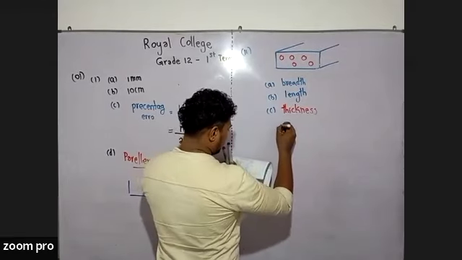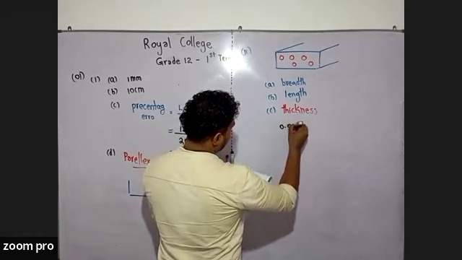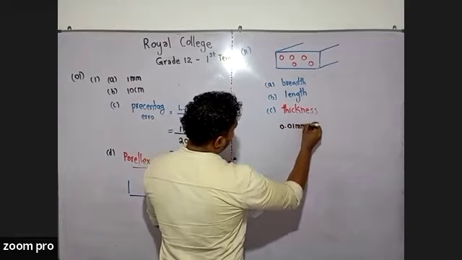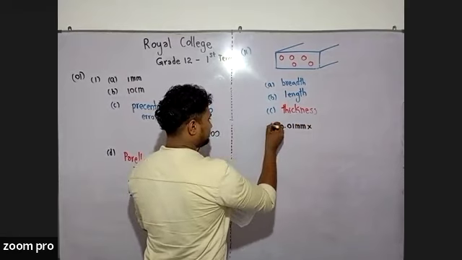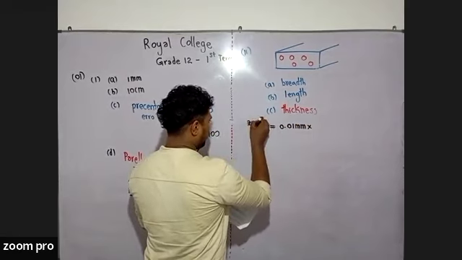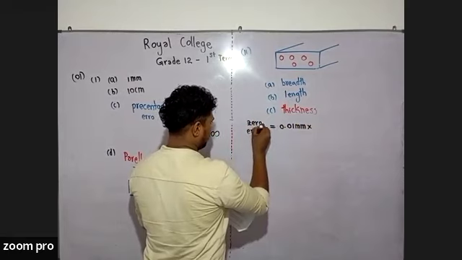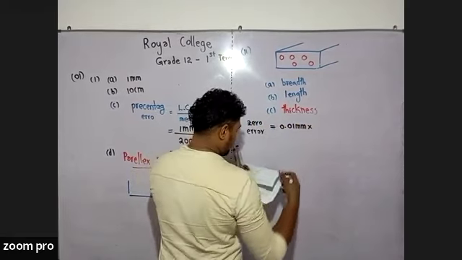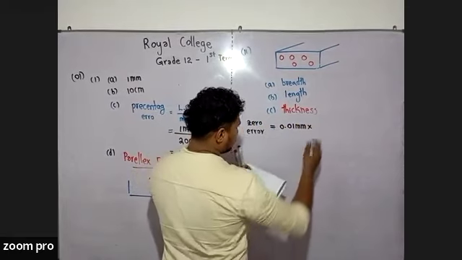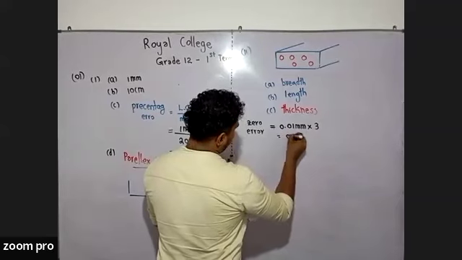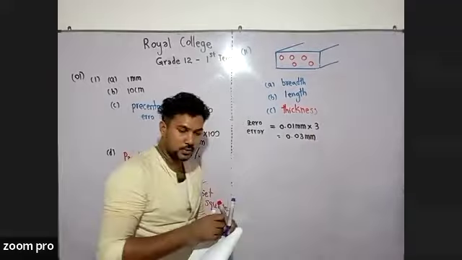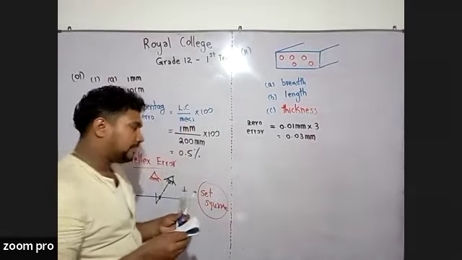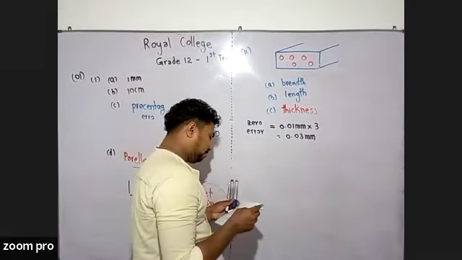The zero error can be obtained by multiplying the least count by the coinciding value, that is 0.03 millimeter. Keep in mind that it is a positive zero error.